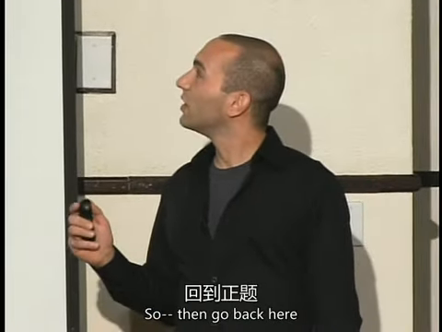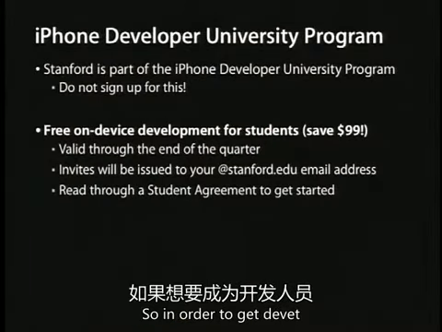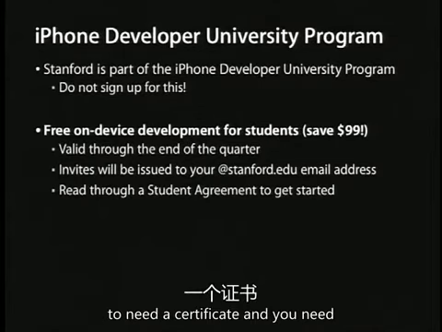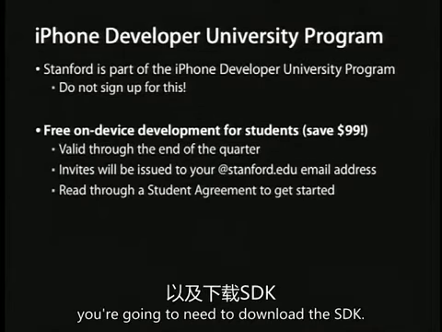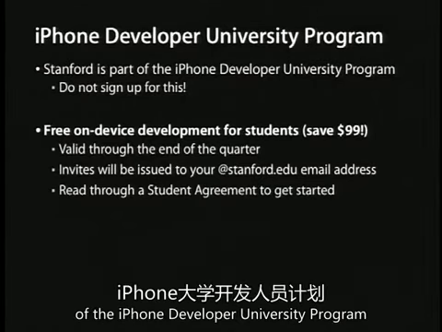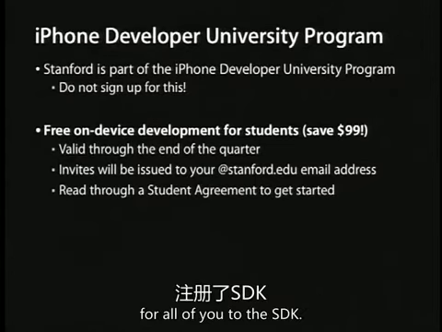So, I'll go back here. The iPhone Developer University Program. In order to get started with developing, you're going to need a certificate, and you're going to need to download the SDK. Stanford is part of the iPhone Developer University Program, and what that means is they've already signed up all of you for the SDK.